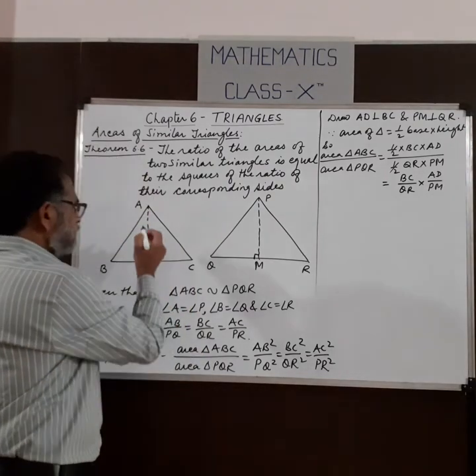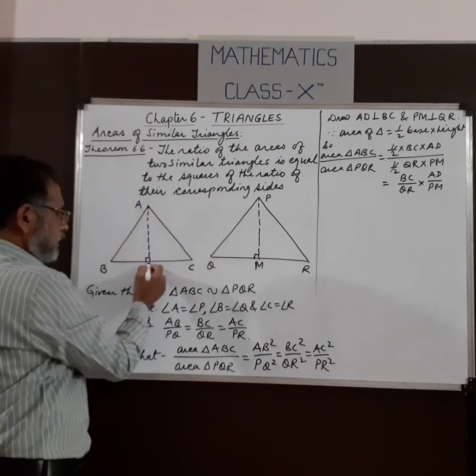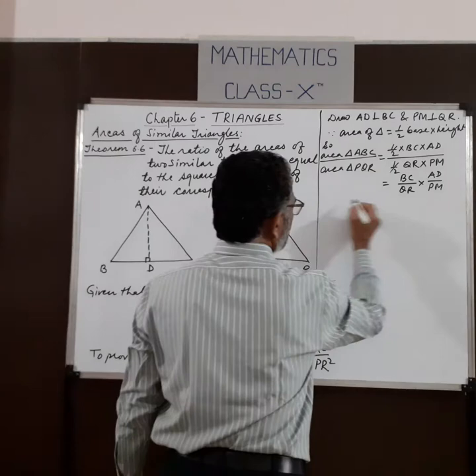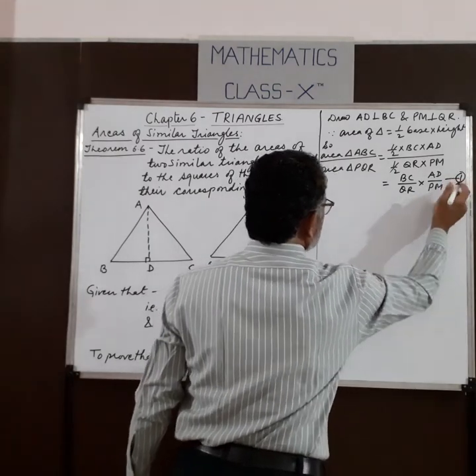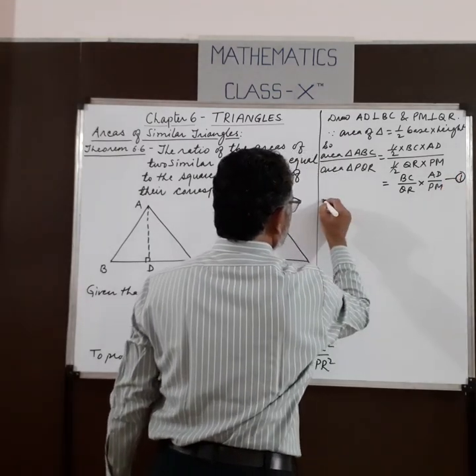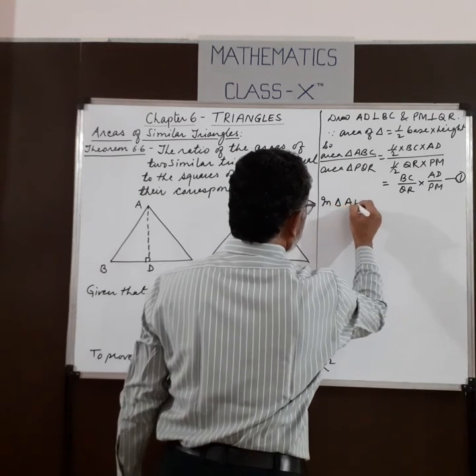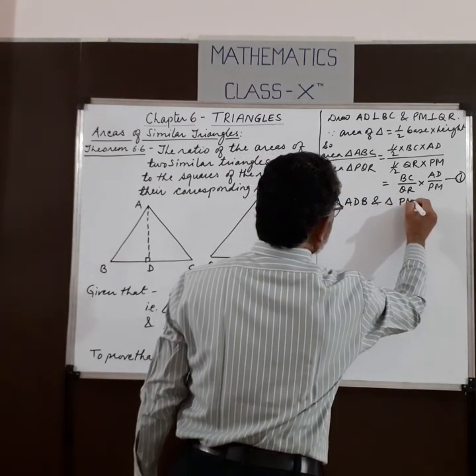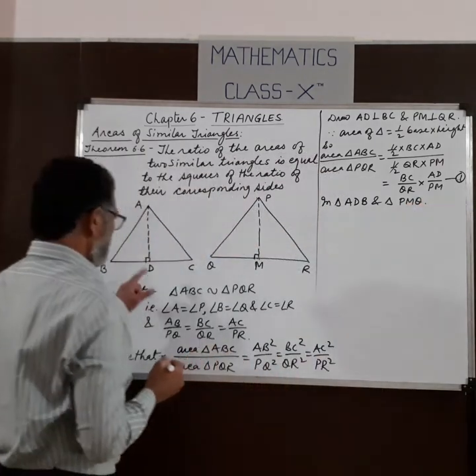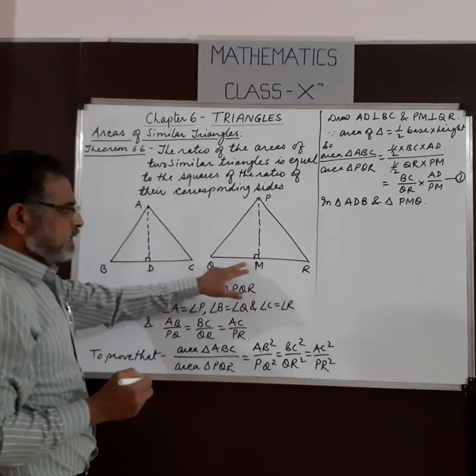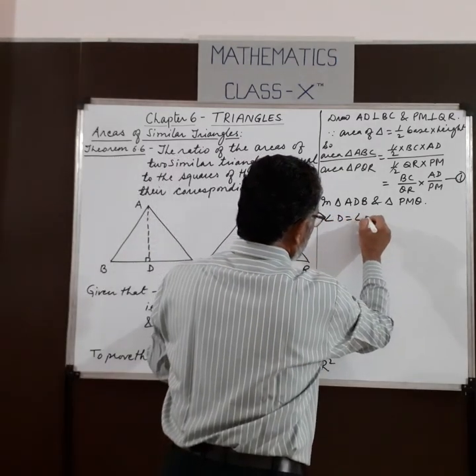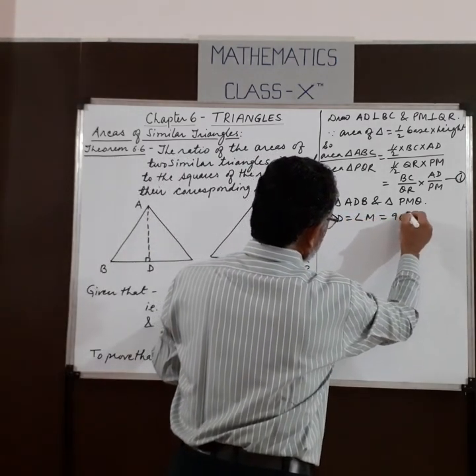So look at these two triangles ADB and PMQ. Give it number 1. Now in triangle ADB and triangle PMQ, angle D is the same as angle M, each is 90 degrees.